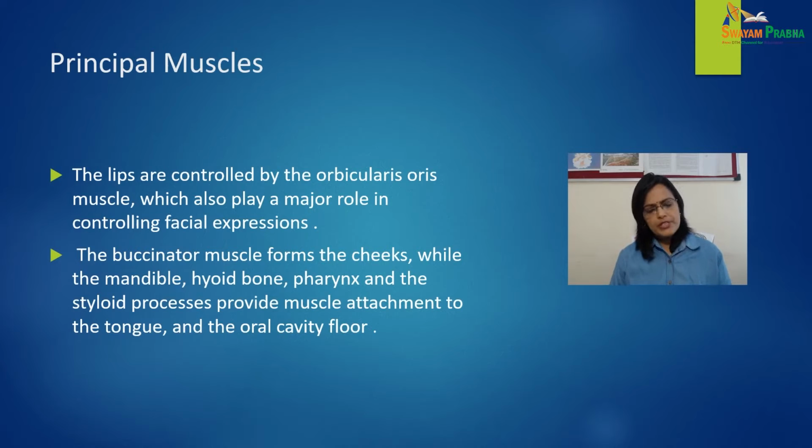So this is about oral cavity anatomy. We are not going into much detail; we just want to have a little idea about what the oral cavity comprises in this module.